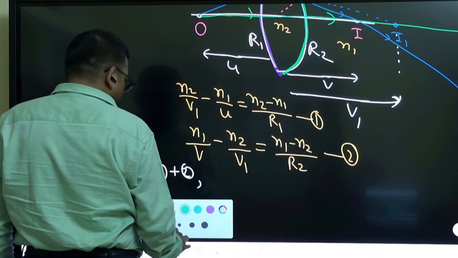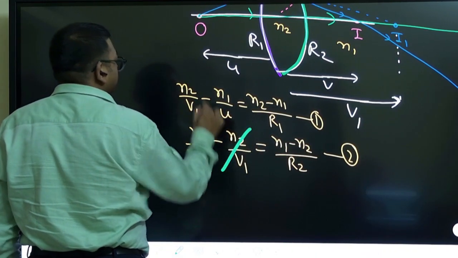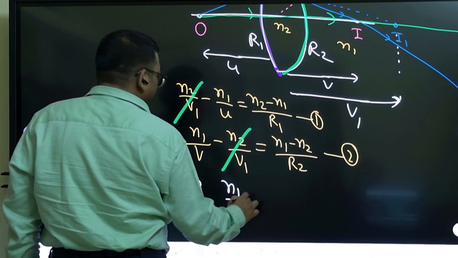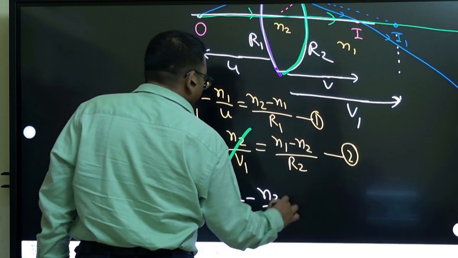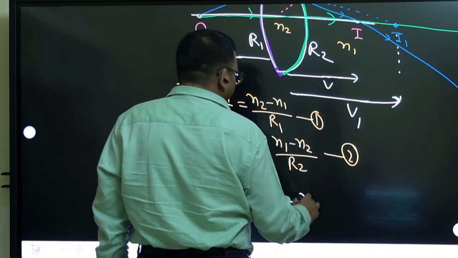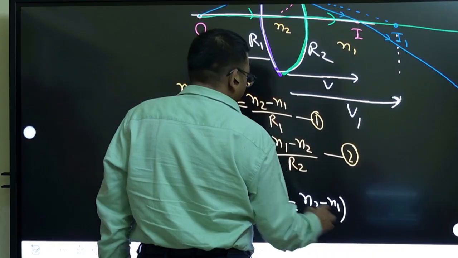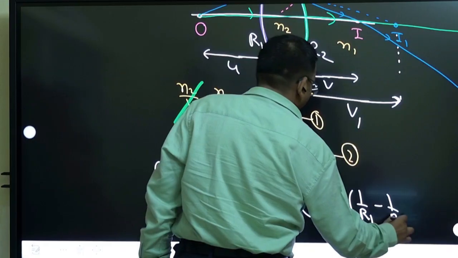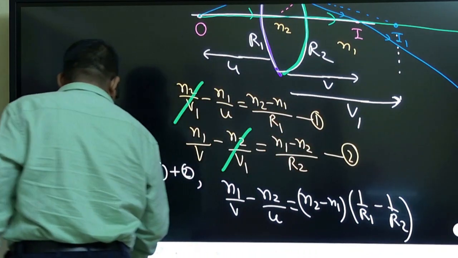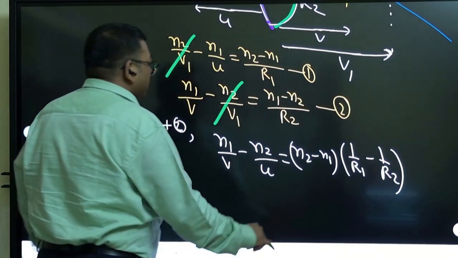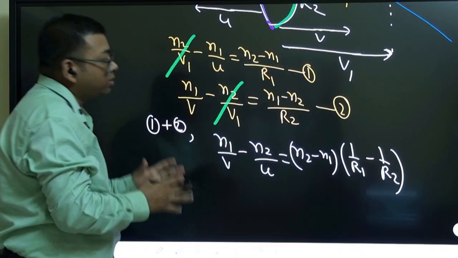You will see that these terms get cancelled. So you will get n1 by v minus n2 by u is equal to, taking n2 minus n1 as common, 1 by R1 minus 1 by R2. Now the important thing is the focus.